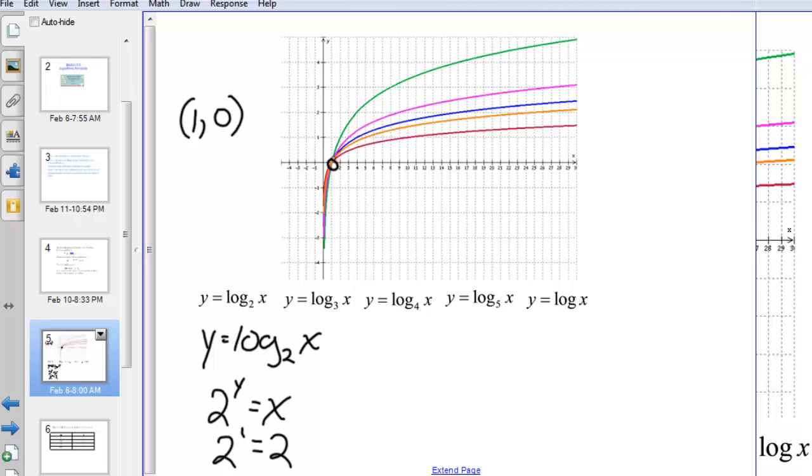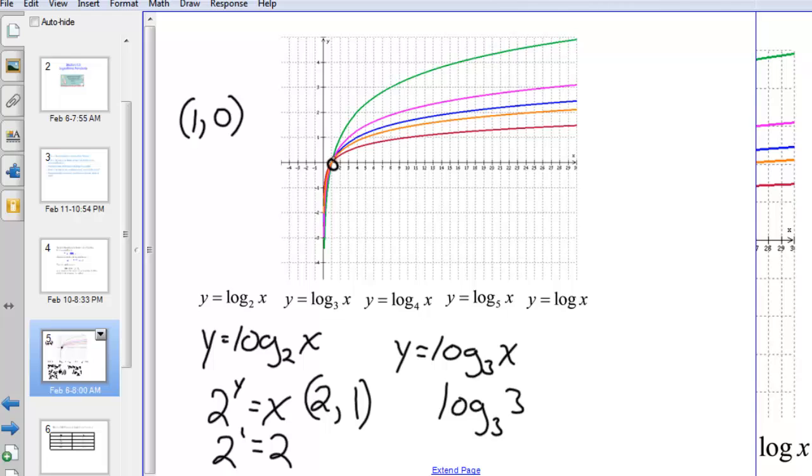So when x is 2, we are going through y equals 1, if my graph is y equals log base 2 of x. If my graph is y equals log base 3 of x, well, log base 3 of 3 is equal to 1, because 3 to the first power is going to result in 3.